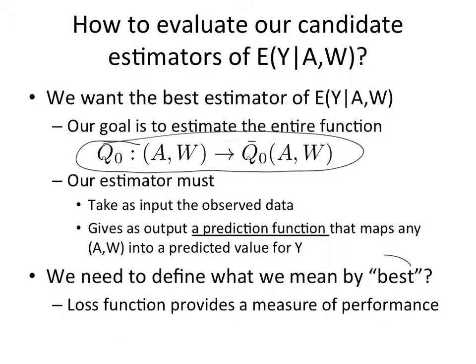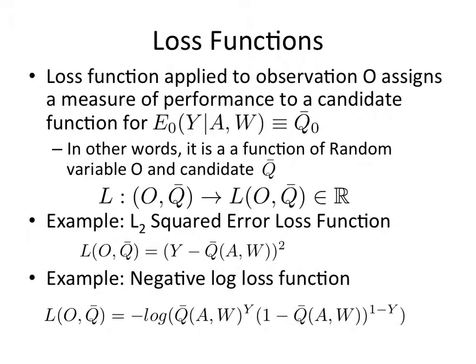So first of all, we have to define best very explicitly. You can't just say, oh, I want the best model. You have to say best with regard to this criterion, and that criterion is going to be a loss function. A loss function takes in an observation, and it takes in some prediction function, and it returns a number. It maps that into a real number.